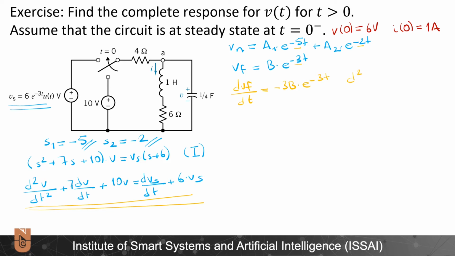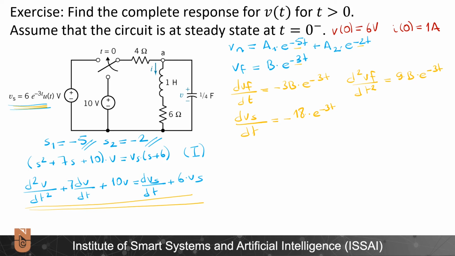The second derivative of that is equal to 9 times b times e to the minus 3t. And let me do that also for dVs/dt. It is given here, so that will be equal to minus 18 times e to the minus 3t.